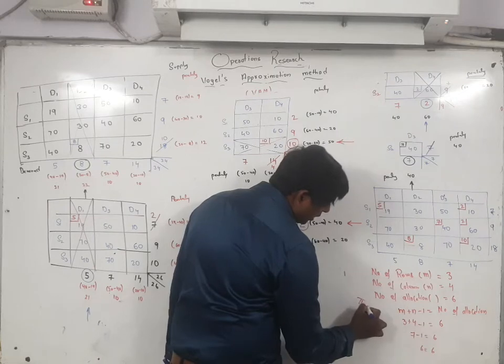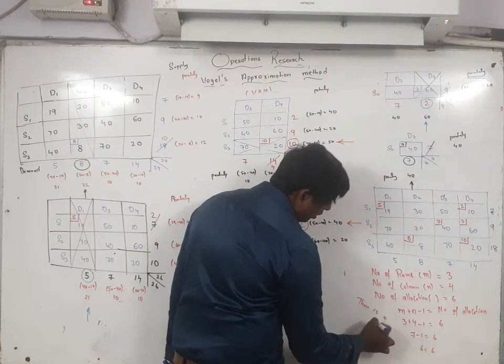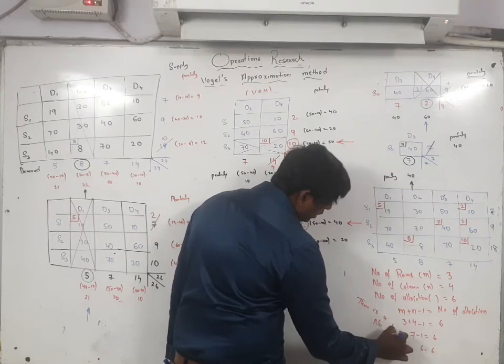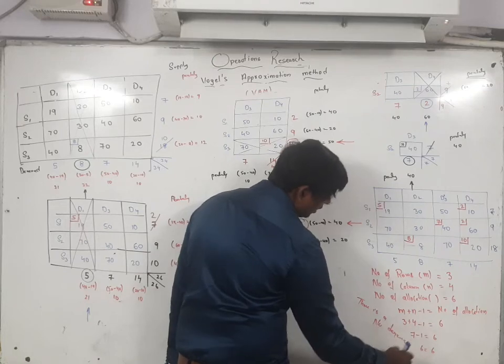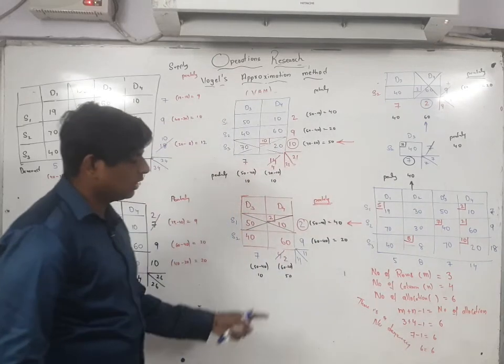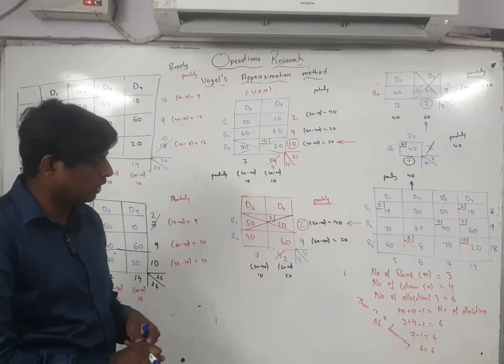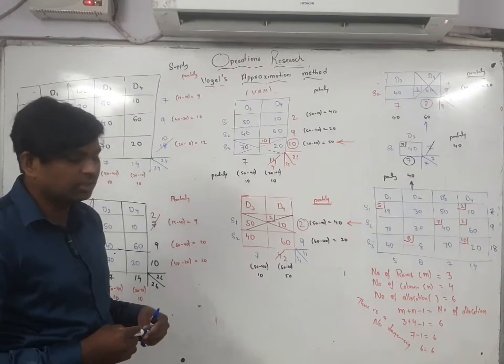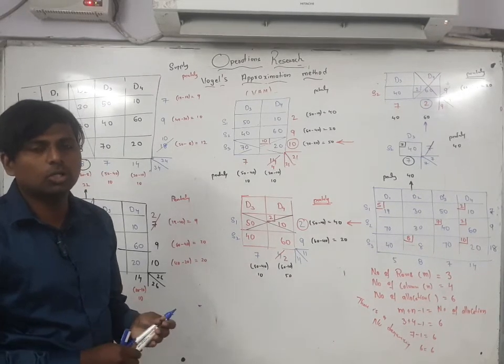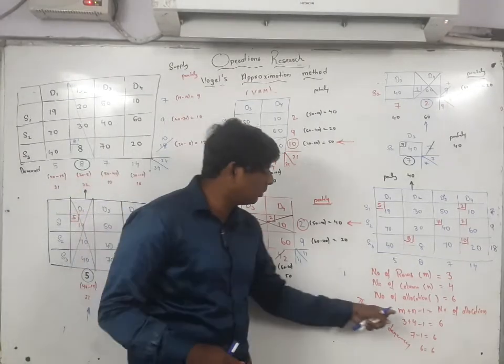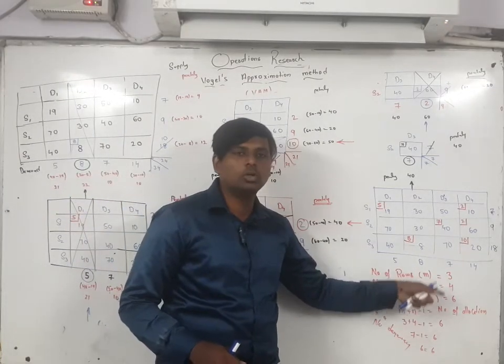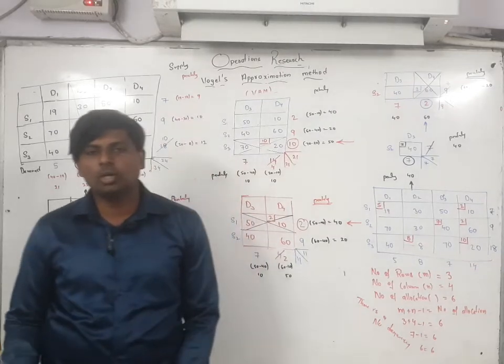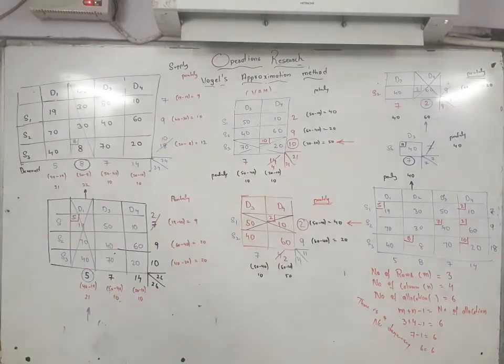There is no degeneracy. Like this you have to write: when there is no degeneracy, number of rows plus number of columns minus 1 is equal to number of allocations.